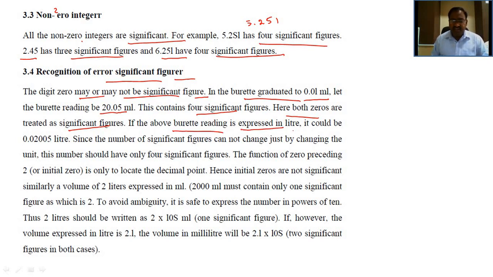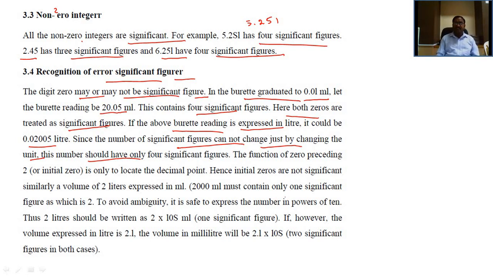If the above burette reading is expressed in liters, it could be 0.02005 liter. Since the number of significant figures cannot change just by changing the unit, this number should have only 4 significant figures.